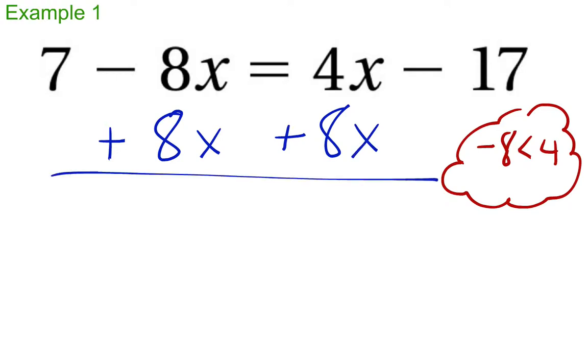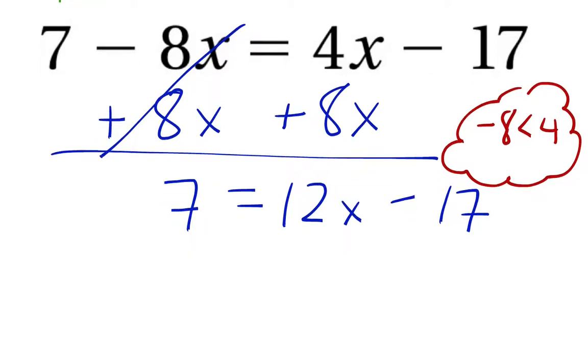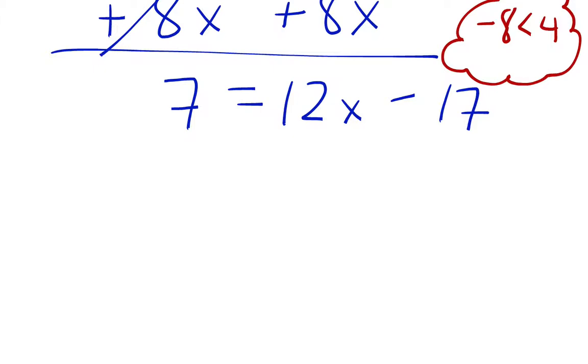Negative 8x plus 8x cancel out, and we're left with 7 on this side, equals 8 plus 4 is 12, so we're left with 12x minus 17 because we did nothing with that. Now, like I said, it becomes a two-step equation. We have to do backwards PEMDAS, so plus 17 to both sides.